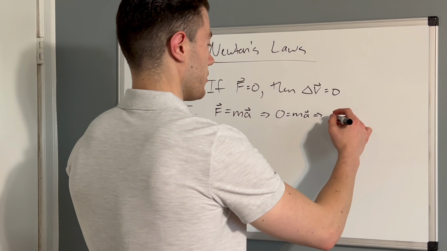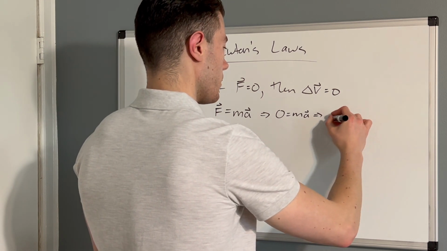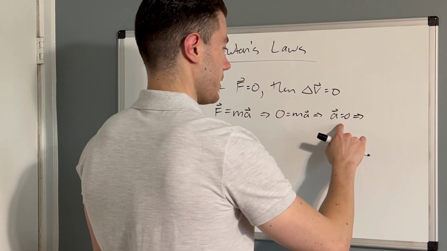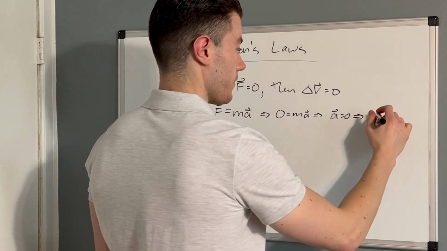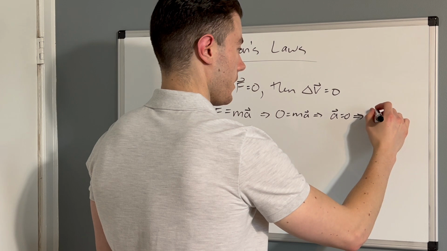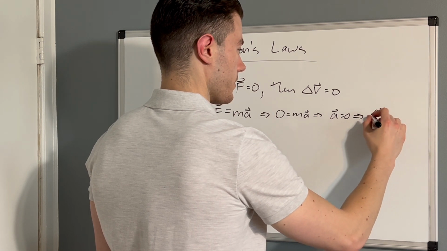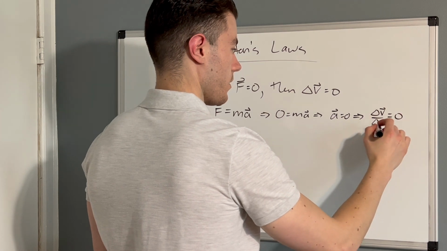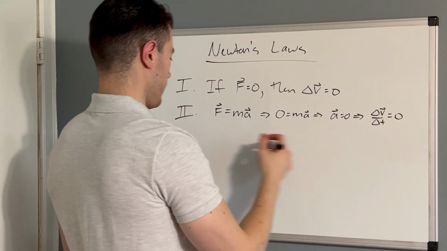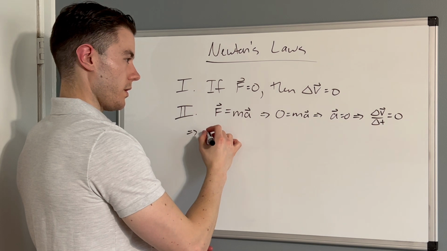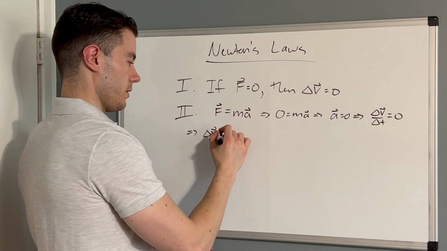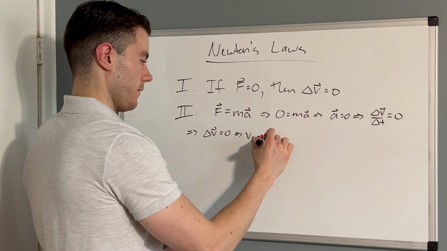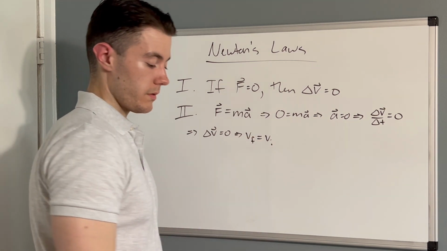So that means a is 0, and remember, a is defined as on average delta v over delta t equals 0. Multiply both sides by delta t, we get delta v equals 0, v final equals v initial, always.